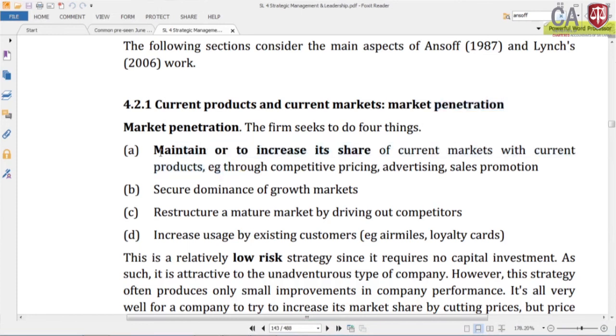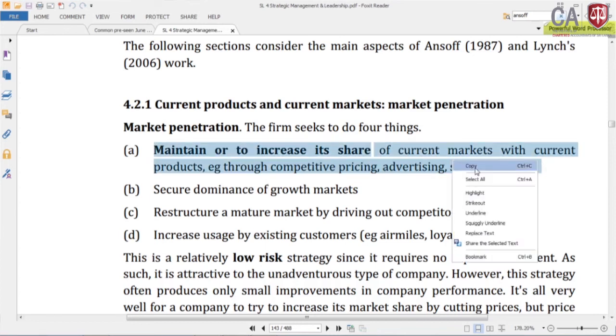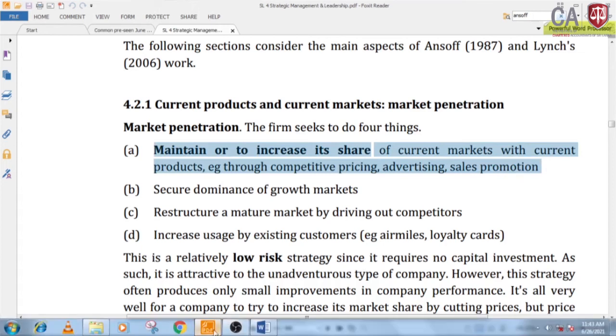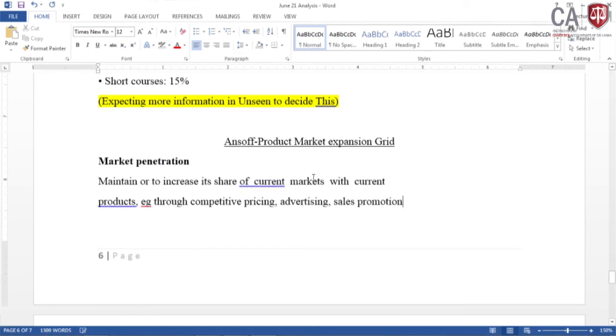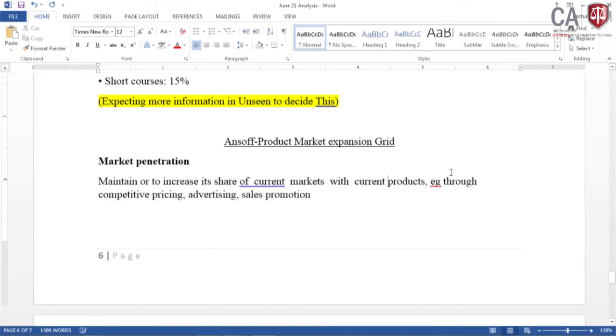This is one thing they can do now, right? Maintain or increase its share of the current market with current products. They may have been doing this for some time now. This is one strategy they can apply.